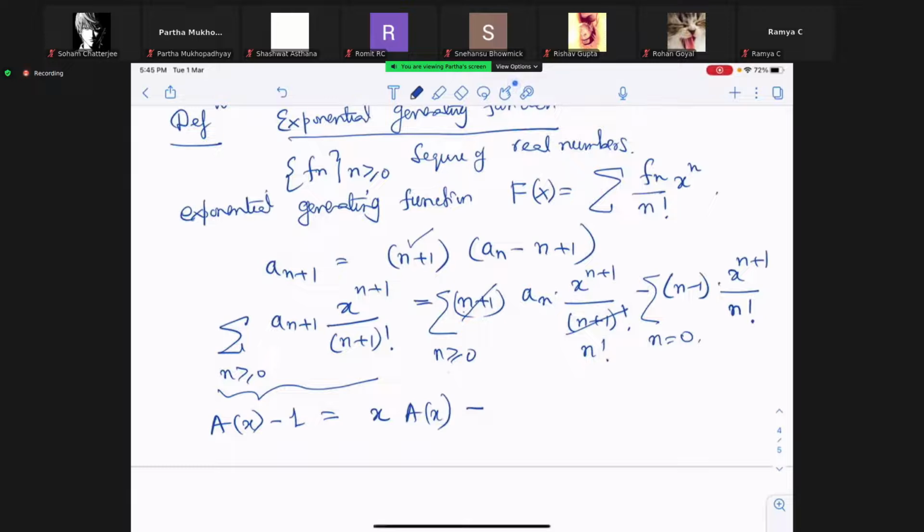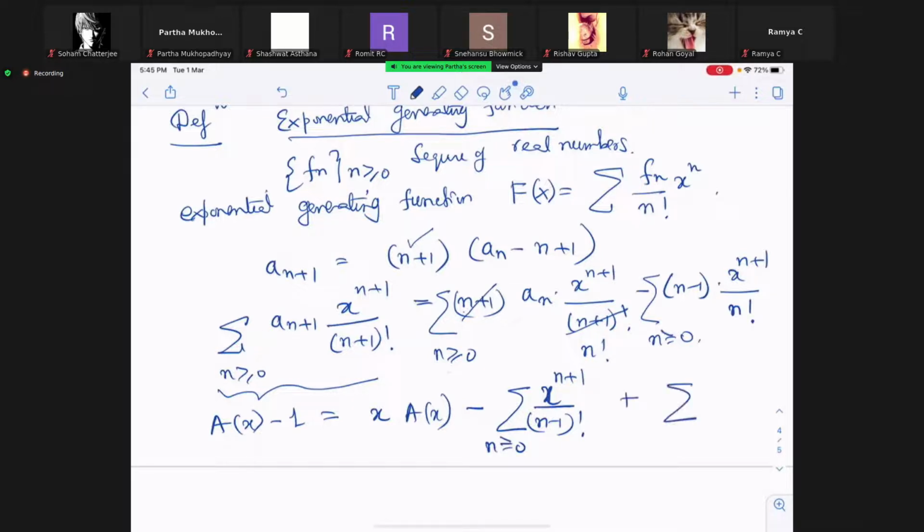Okay. So let's now simplify. The first term, if I take an n and divide by n factorial, you will have n minus 1 factorial. And then you have x power n plus 1. You have to just do it carefully, otherwise you will make a mistake.